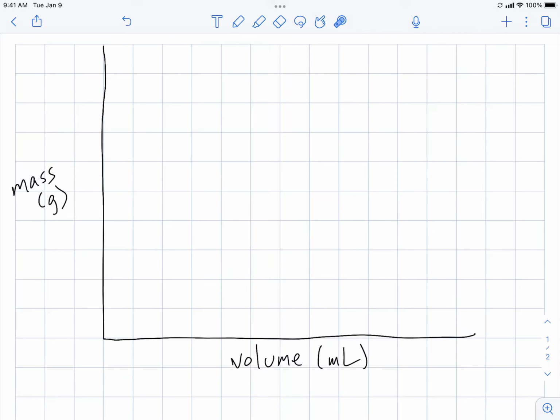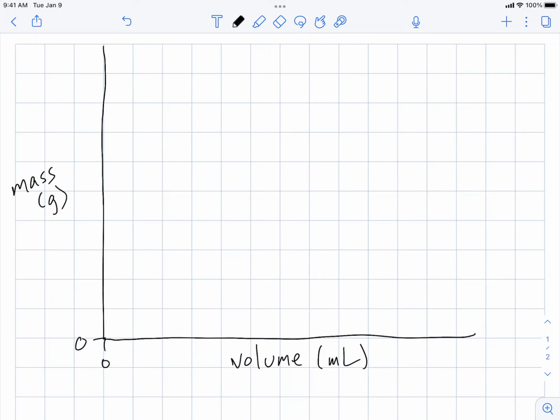All right. First, we want to make sure that our origin is at 0, 0. If something has 0 mass, it will take up 0 volume, and vice versa. Mass is the stuff that's in an object, and volume is the space that it takes up. So if there's no stuff, it can't take up any space. All right.